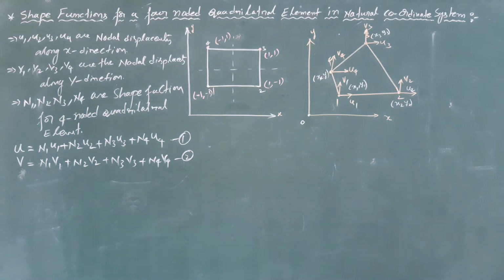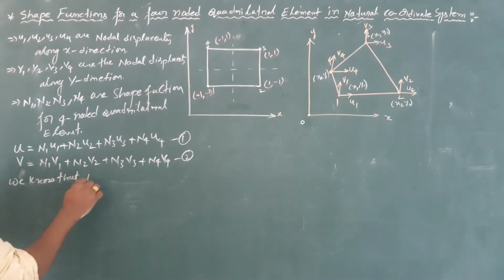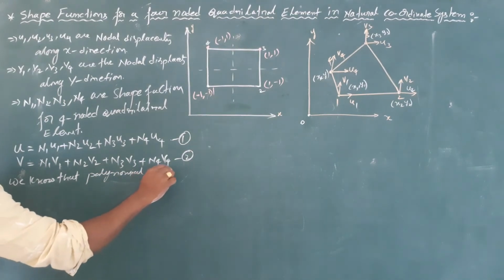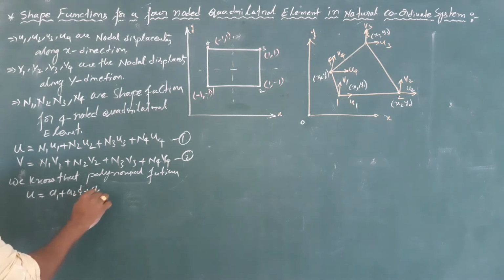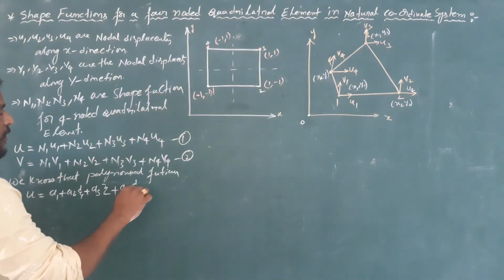Okay, now we know the polynomial functions, that is u = a1 + a2 ξ + a3 η + a4 ξη.